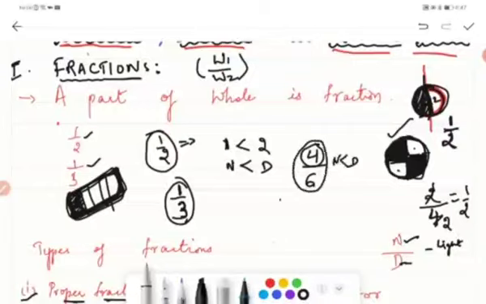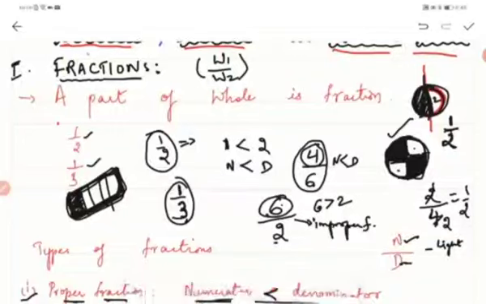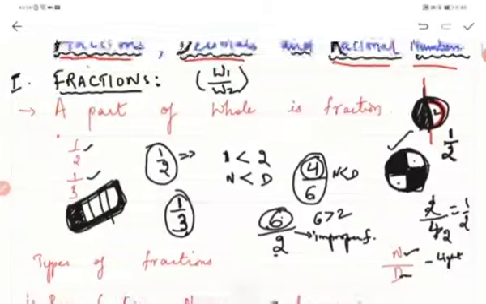If I take 6 by 2, this is improper, because here the numerator 6 is greater than 2, isn't it? So the numerator has become heavy compared to the denominator, so this is an improper fraction. These are the two fractions, with examples.